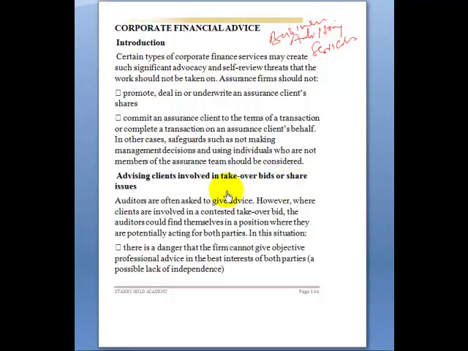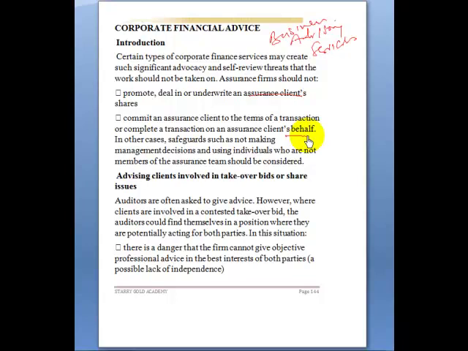An assurance firm should not promote, deal in, or underwrite an assurance client's shares. They should not commit an assurance client to the terms of a transaction or complete a transaction on an assurance client's behalf. So don't take a management role.